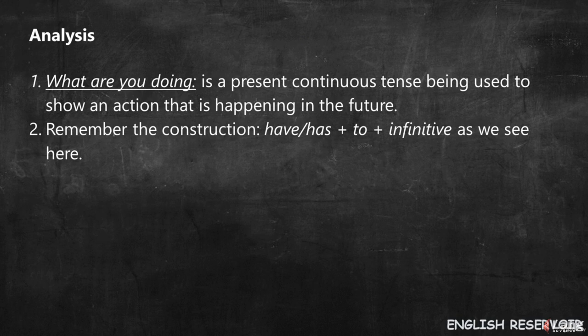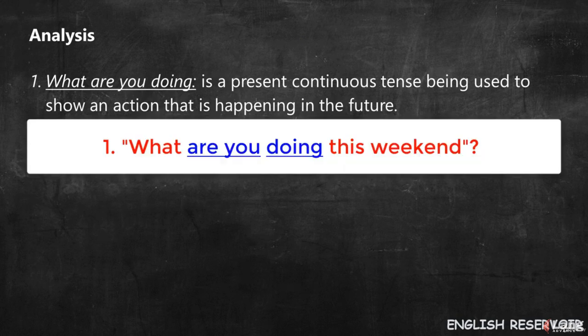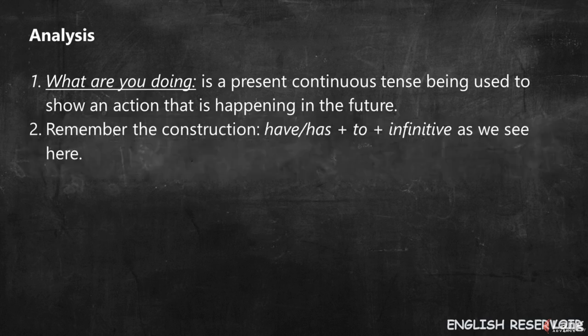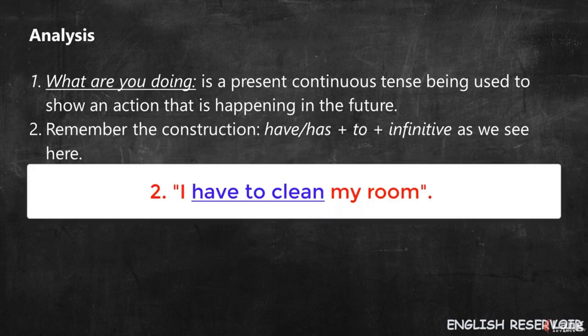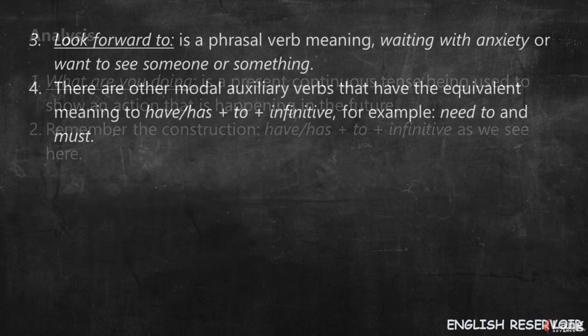Analysis. 1. What are you doing is a present continuous tense being used to show an action that is happening in the future. 2. Remember, the construction have or has plus to plus infinitive as we see here. 3.